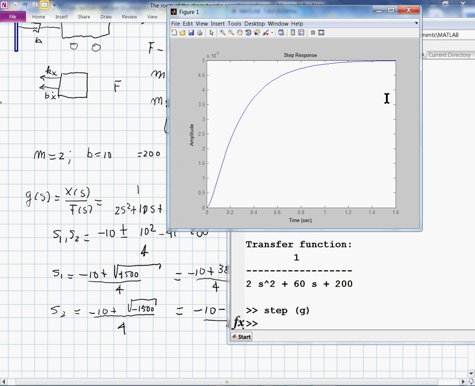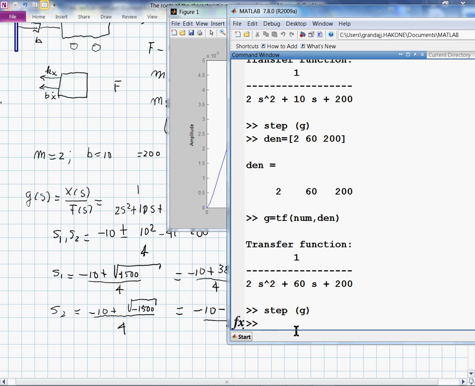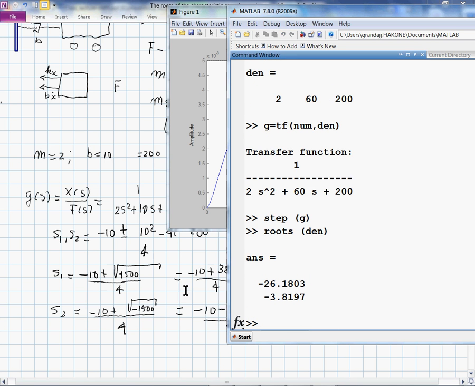So what I'm trying to say is, depending on where these roots are, that's where we will find this. MATLAB has a way to find the roots. Let me see. I believe maybe this will work. Yeah, it does. So you see the roots of the denominator in this case are at minus 26 and minus 3.